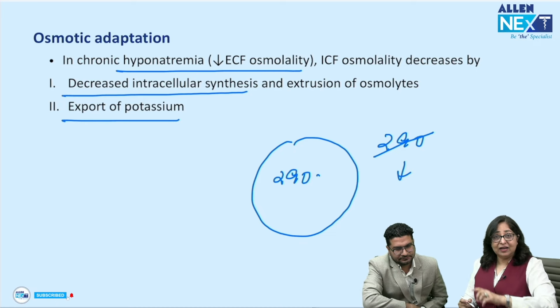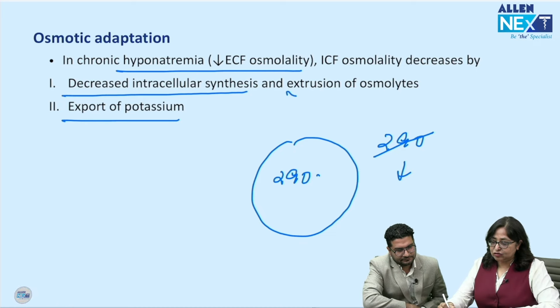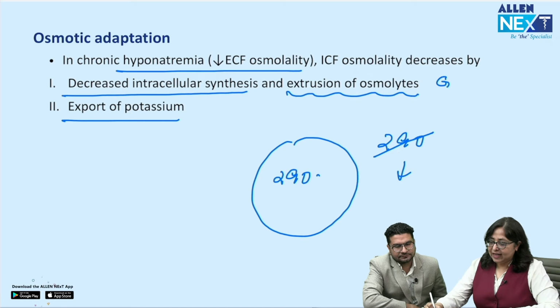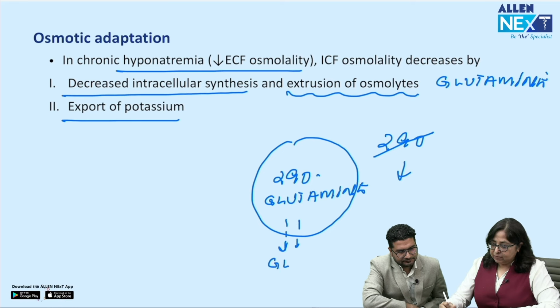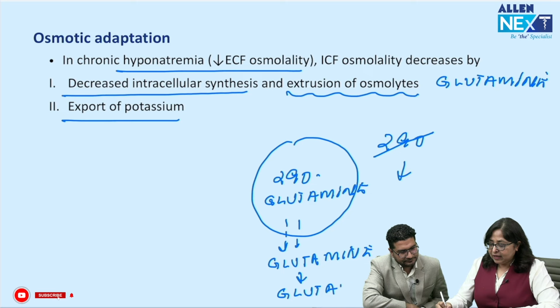Now this has another very important clinical point when I say extrusion of osmolytes, especially glutamine. When glutamine starts moving from inside the cell to outside, glutamine outside the cell gets converted to glutamate. And what is glutamate?